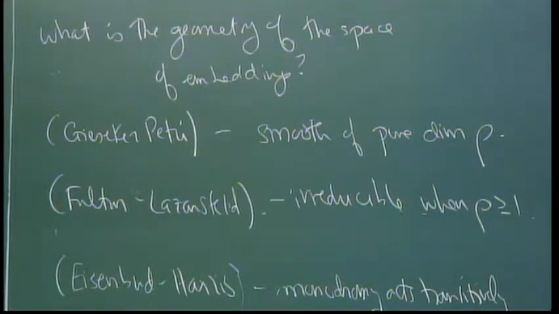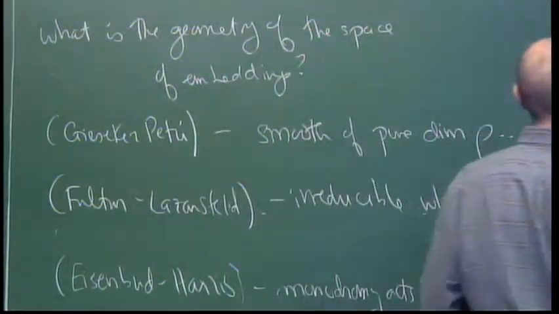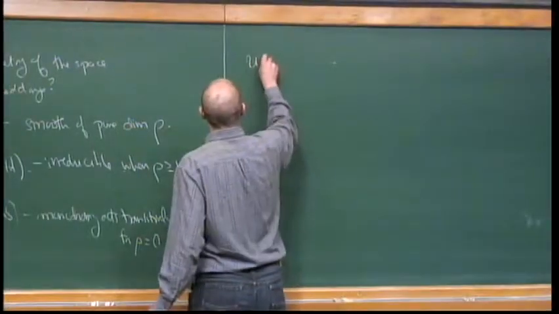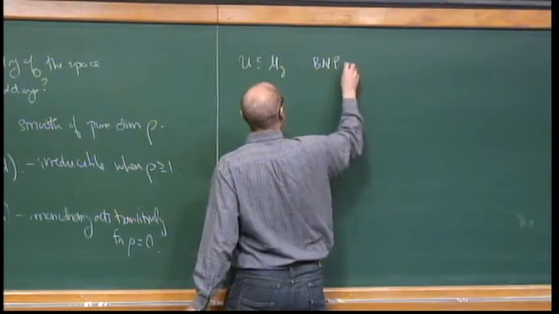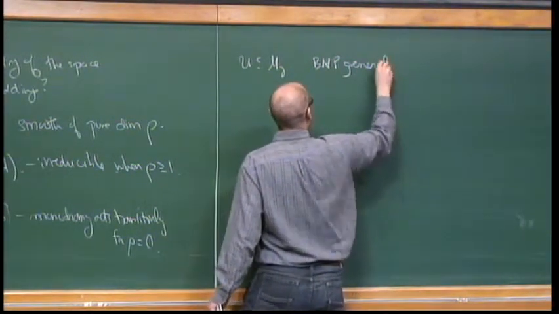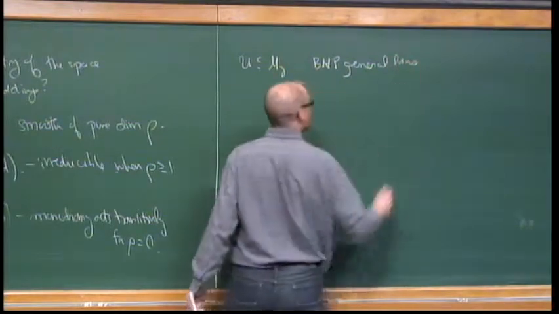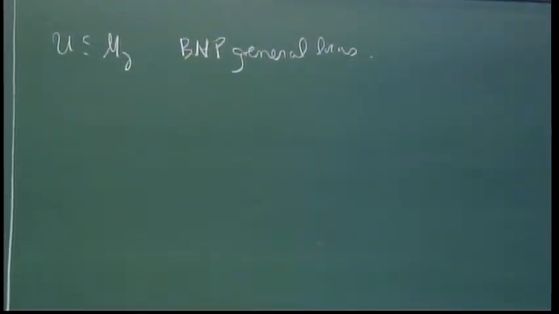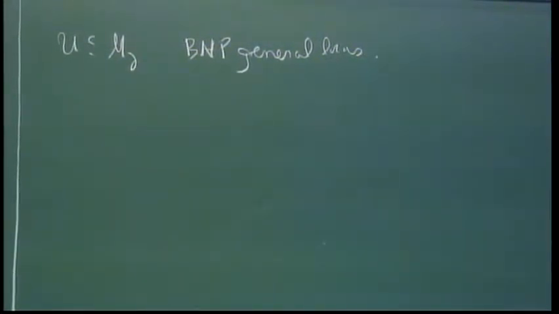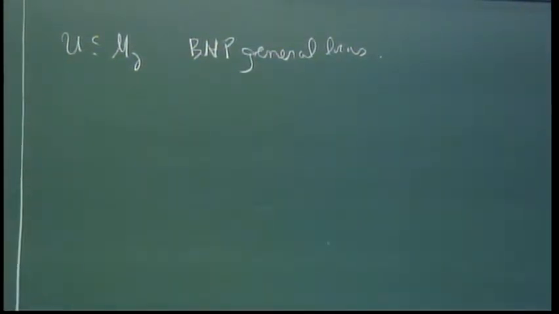And maybe a better way to say this is to take U sitting inside M_g, the Brill-Noether-Petri general locus. So this is the open subvariety or substack of M_g, parametrizing curves for which the Petri condition holds.